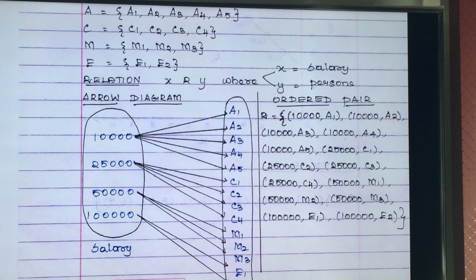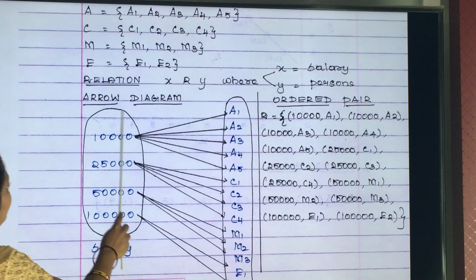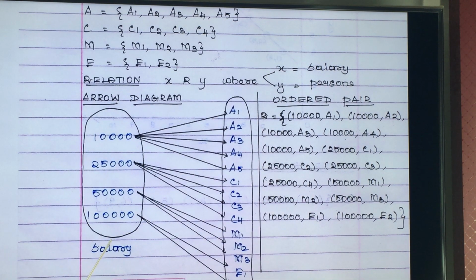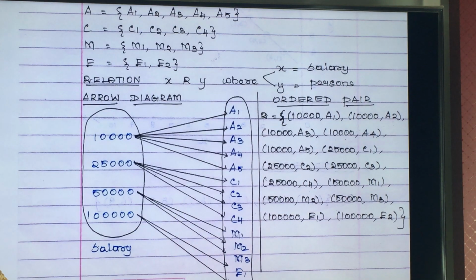First, let me do the arrow diagram. Children, X means salary, isn't it? So let me write X over here. See, salary I have written here. And Y denotes persons, so I have written person.